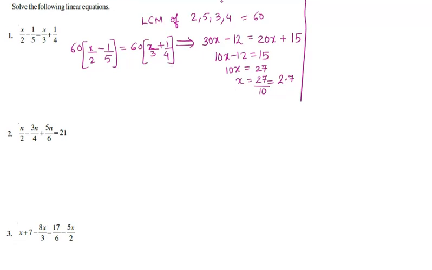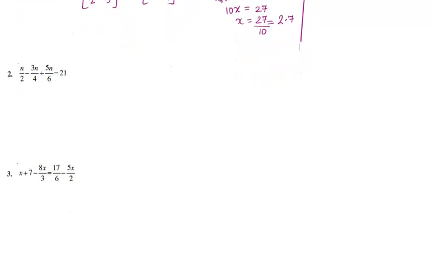So the next question is n by 2 minus 3n by 4 plus 5n over 6 equals to 21. Again, let us first find out the LCM. So LCM of 2, 4 and 6, it would be 12, right? So let us multiply by 12 on both the sides.